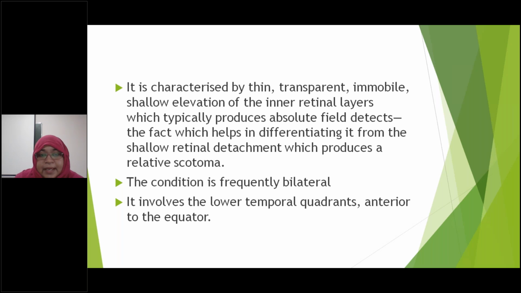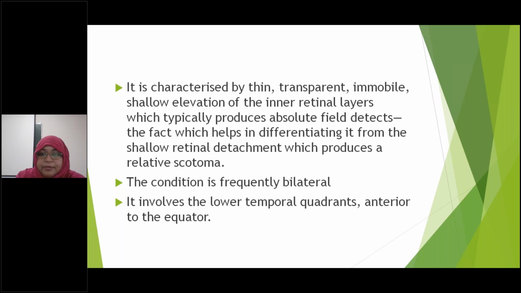It is characterized by a thin, transparent, immobile, shallow elevation of the inner retinal layers, which typically produces absolute field defects. This helps in differentiating it from shallow retinal detachment, which produces a relative scotoma. What is absolute and what is relative? Absolute means it is present there, and relative means the patient just feels it is not present there.